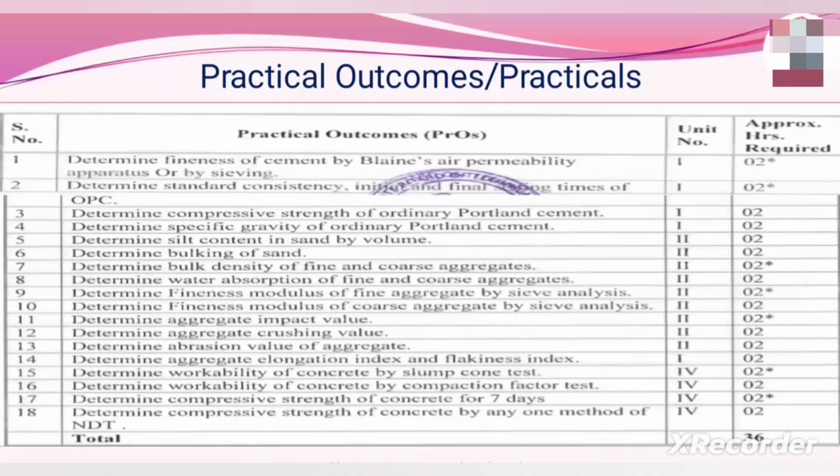Practical outcomes or practicals. During the semester, we have total 18 practicals, out of which a student should complete 12 practicals. Students will be provided with required equipments or apparatus for conducting practicals.